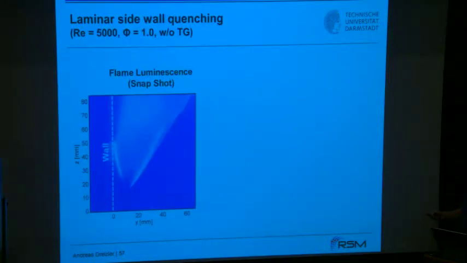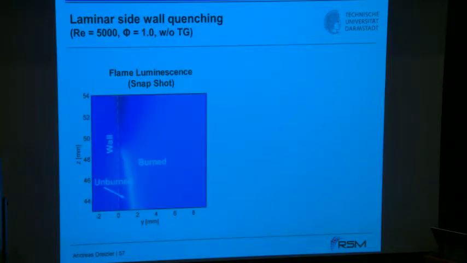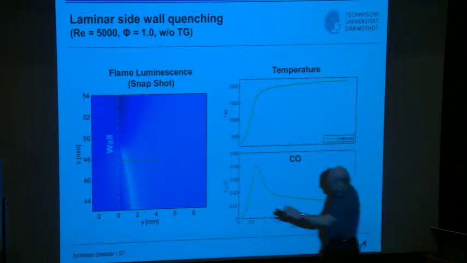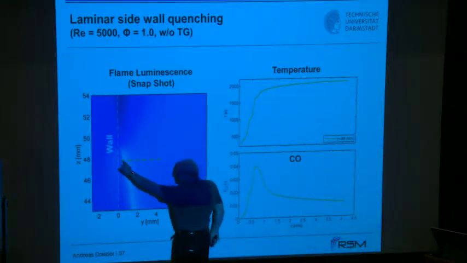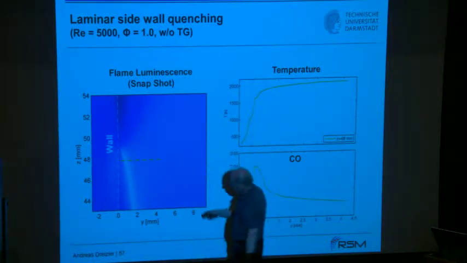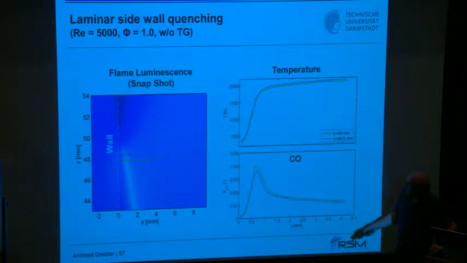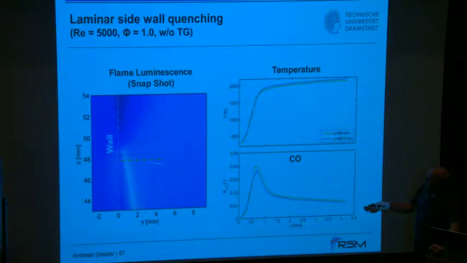We are again interested in this region over here, sidewall quenching, but in terms of temperature and CO. We do these experiments with local temperature and CO measurements, locally repeat the measurements in wall normal direction, and do that for different axial heights. They are displaced from each other by 500 microns, and the step size in wall normal direction is 100 microns, initially at least.